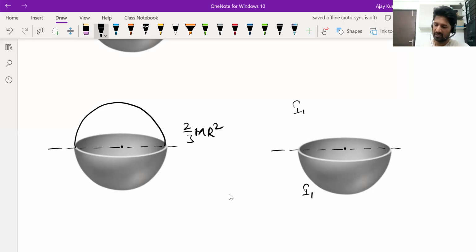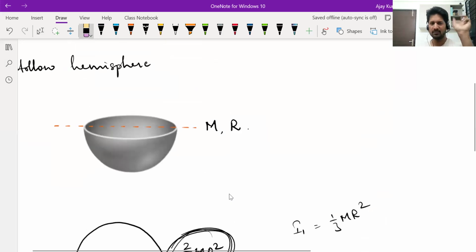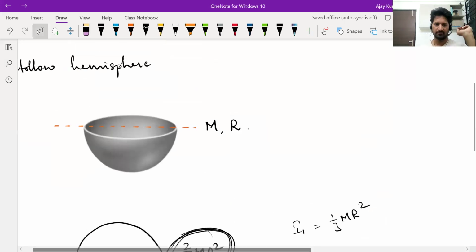Both halves combined is 2 by 3 mr square, so each half separately will be 1 by 3 mr square. The lower half will be 1 by 3 mr square. If you are given half of a system, then moment of inertia also will be half. That's the idea. Still, tell me the answer to this problem that is given to you.